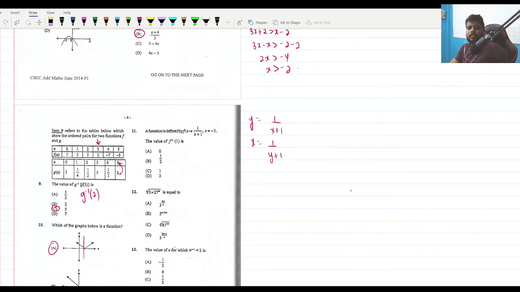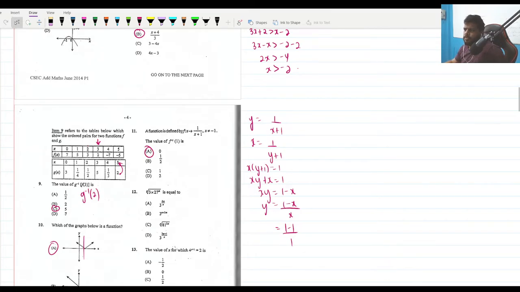Cross multiply and solve for y. So x times y plus 1 is equal to 1, xy plus x is 1, xy is 1 minus x, and y is 1 minus x over x. This here is f inverse of x, and I want to know what f inverse of 1 is. 1 minus 1 over 1, which is 0.